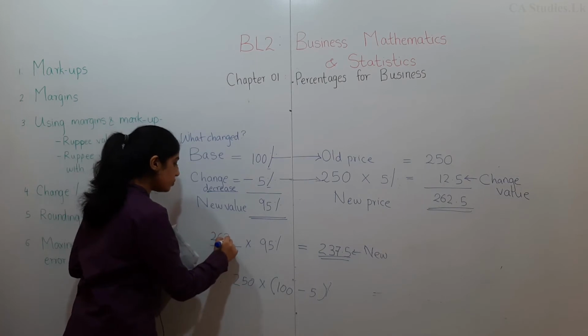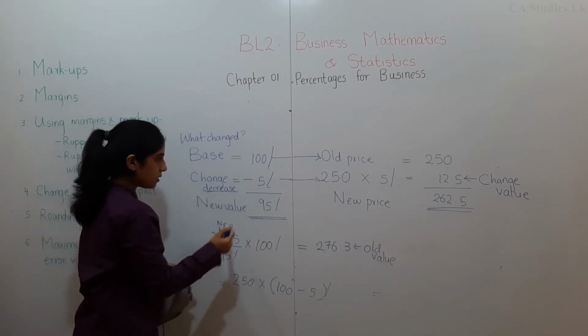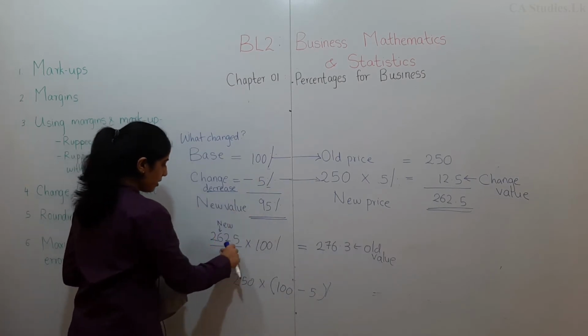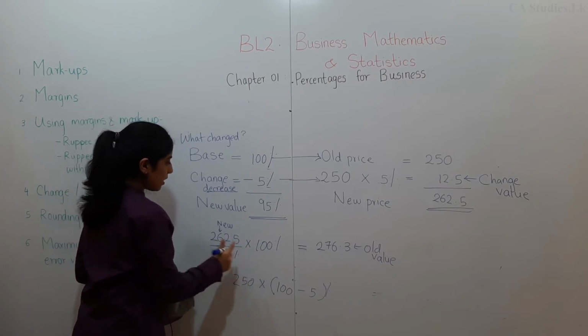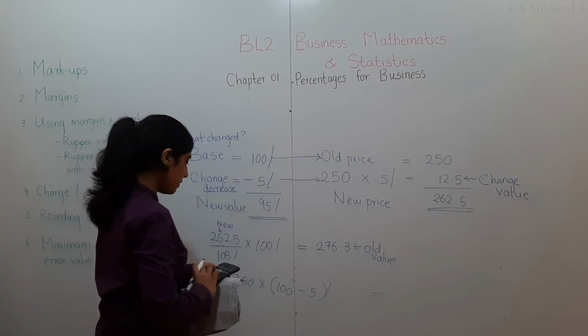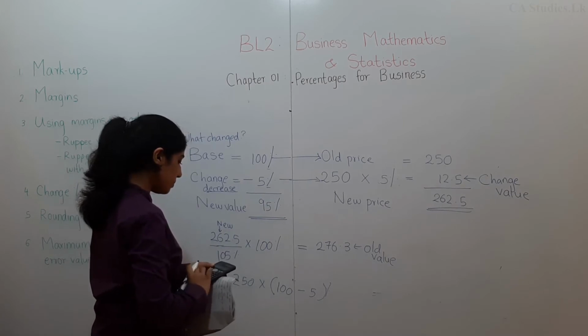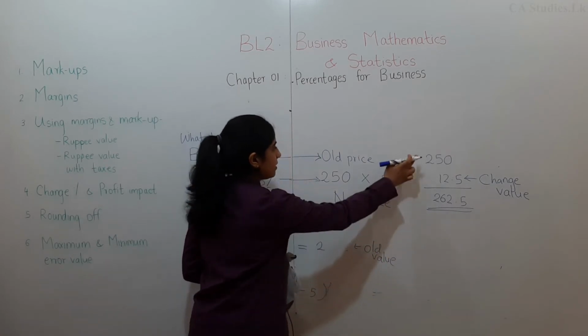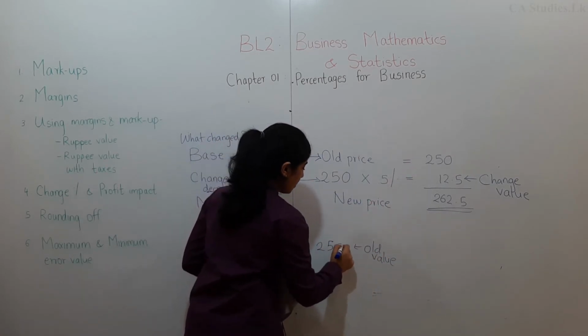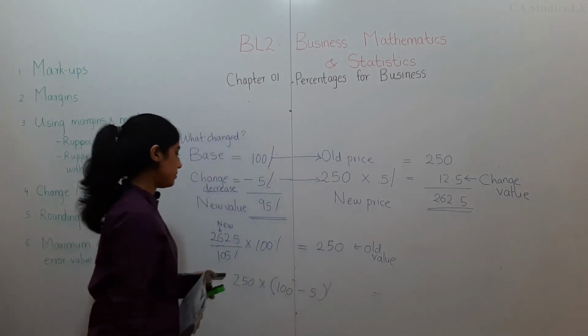Ideally it should be 105%, right? It increased, no? So 262.5 divided by 105% is 250, which is this. Remember that.